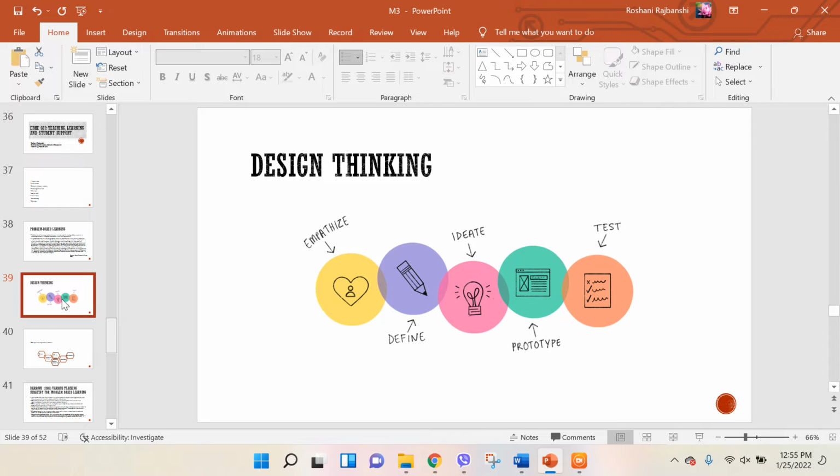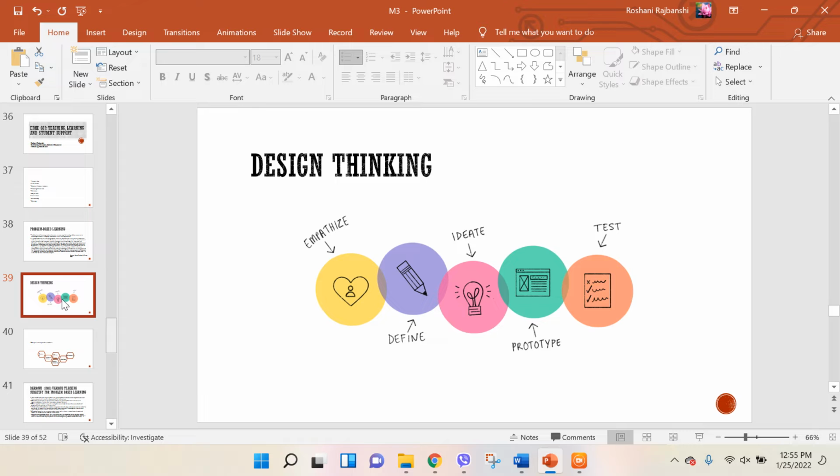Okay, I see that the design thinking approach is very much part of problem-based learning. The design thinking approach can be applied where the students empathize with the problem and understand the problem from others' perspective, and they define what the problem is. Then, working in groups, they ideate, putting forward different ideas on how to solve the problem, and out of the many ideas they have, they choose one idea that they can prototype.